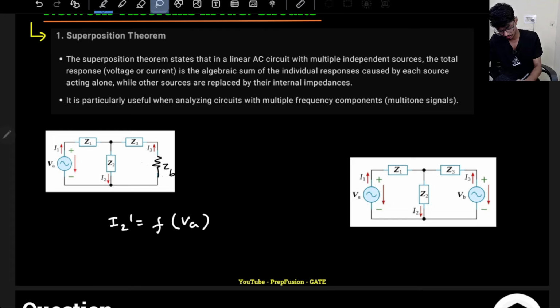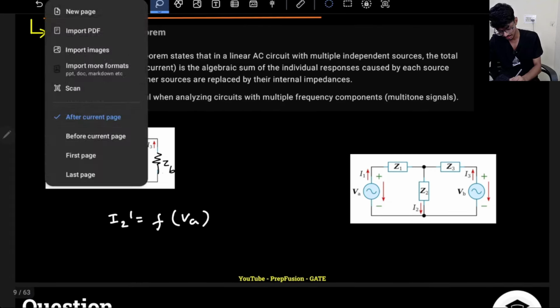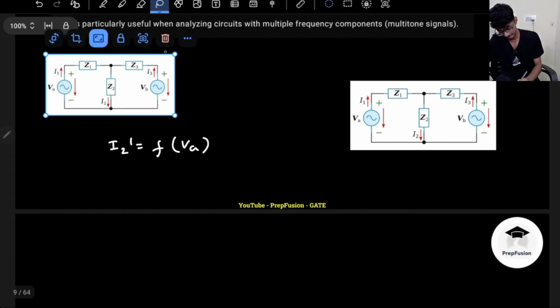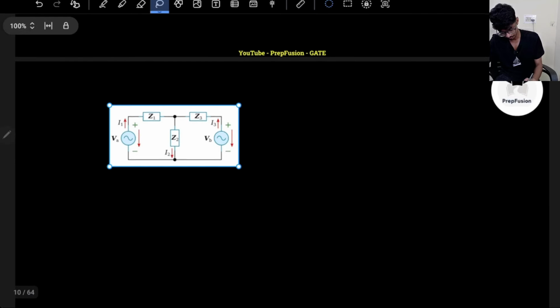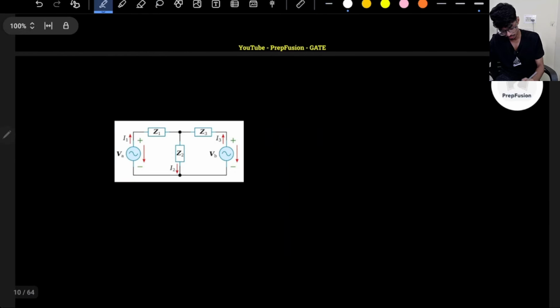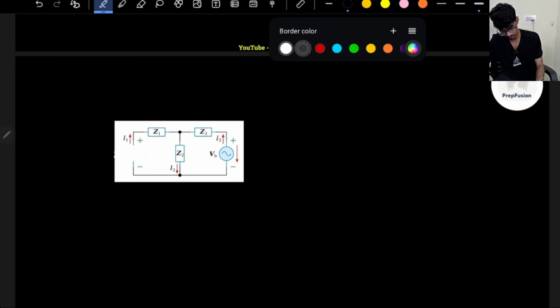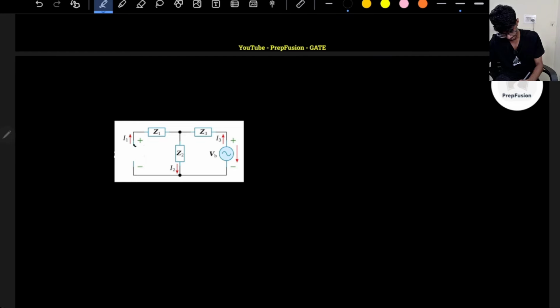Now the next modification I will do is make the other source zero. If I make this source zero, let's assume its internal impedance is ZA.